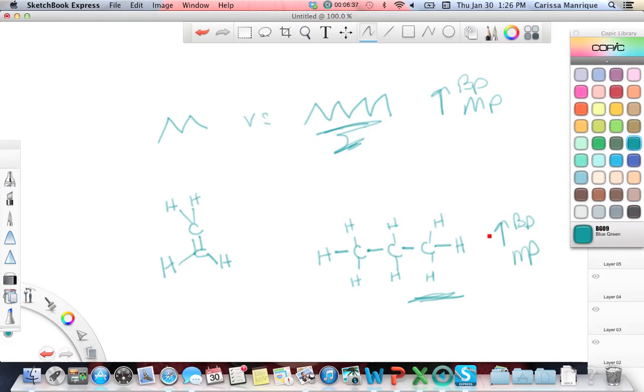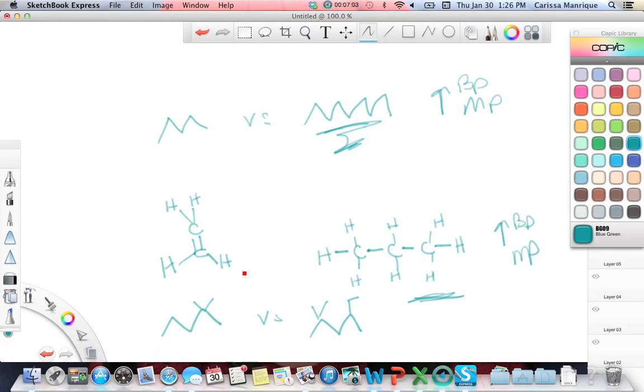If we look at branching, it might be something like this. Versus, okay, so which one has the most branches coming off? Do you see this one has 2 branches off the main chain? This one has 3. It has a branch coming off here, a branch coming off here, a branch coming off here.